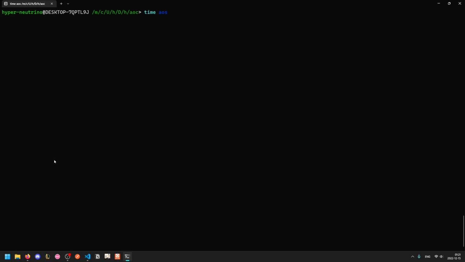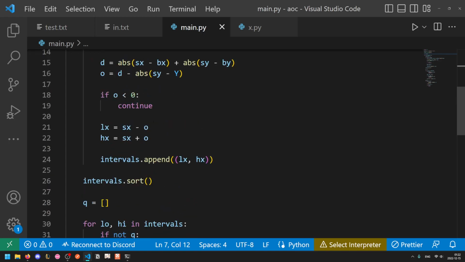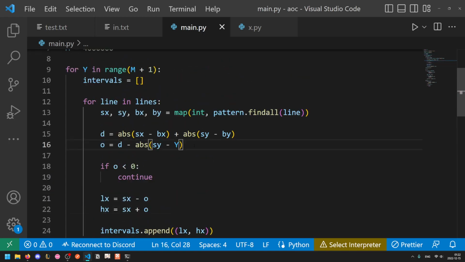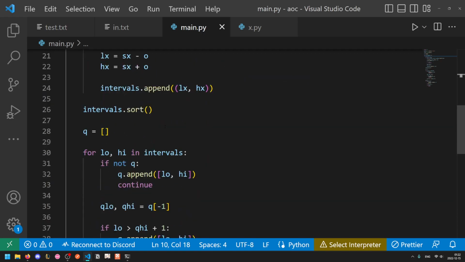In the meantime, how about I talk about the bug that I ran into? So the bug I ran into, well, the interval calculation method I did live was not nearly this smart. I had the intervals storing what was allowed, so the intervals started off as 0 up to m, and then each time I would do some math to subtract intervals, which for the record is a lot more annoying. But the problem was, as soon as I found an isolated coordinate that worked, I exited the loop.